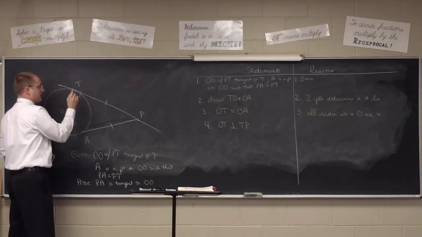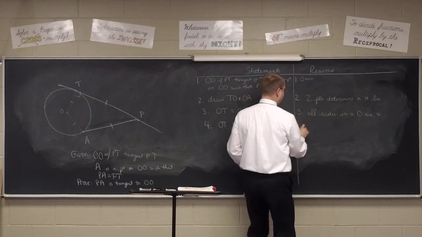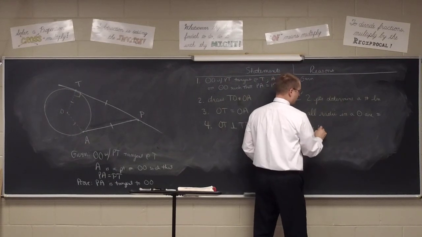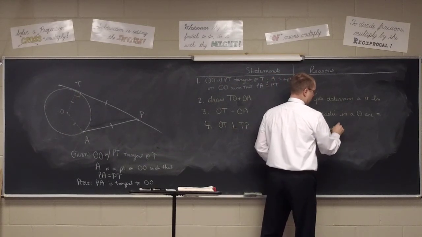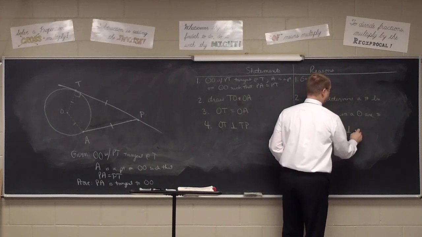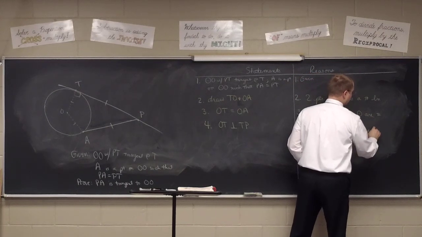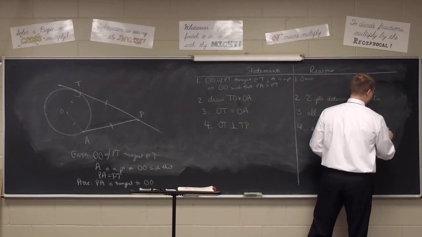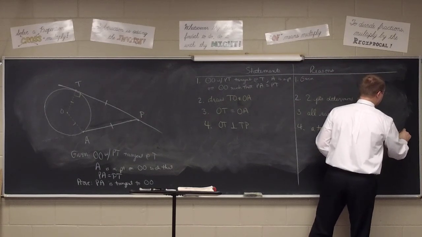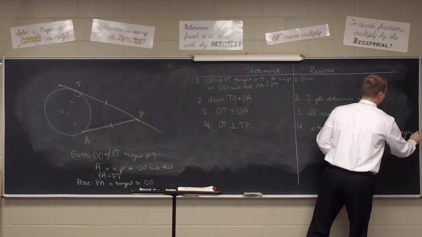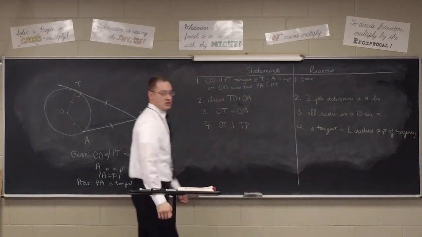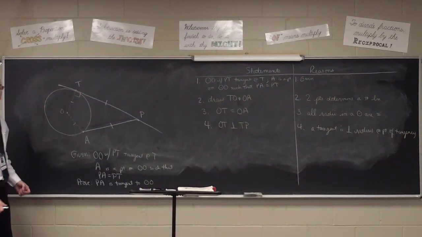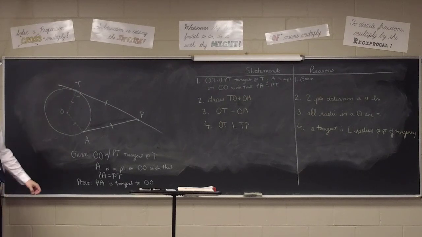Has to be perpendicular because, here's your claim statement, a tangent is perpendicular to a radius or diameter, but I'm not going to write that because I'm lazy. Tangent is perpendicular to radius at the point of tangency. Of course, a tangent isn't perpendicular to all radii, only the one that goes to the point of tangency.